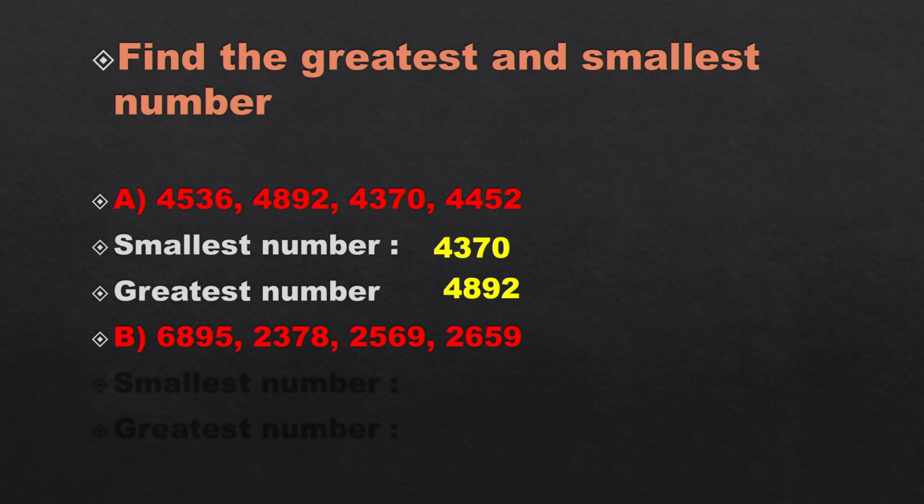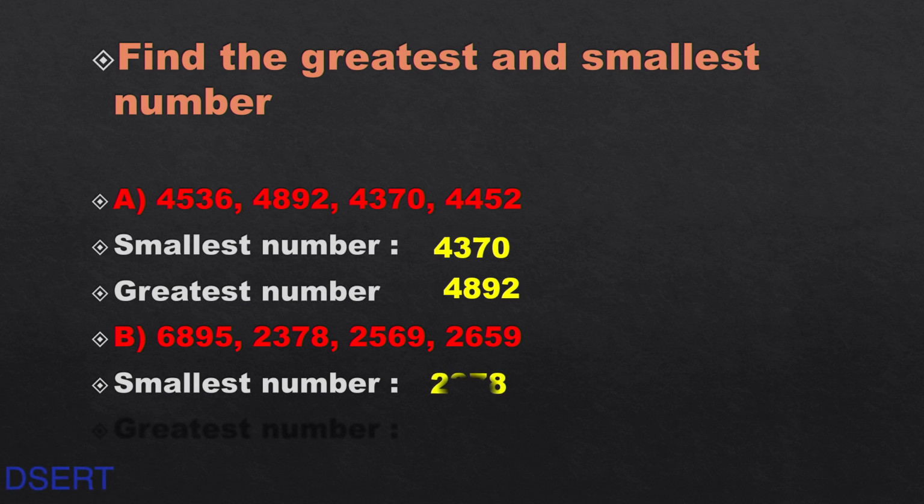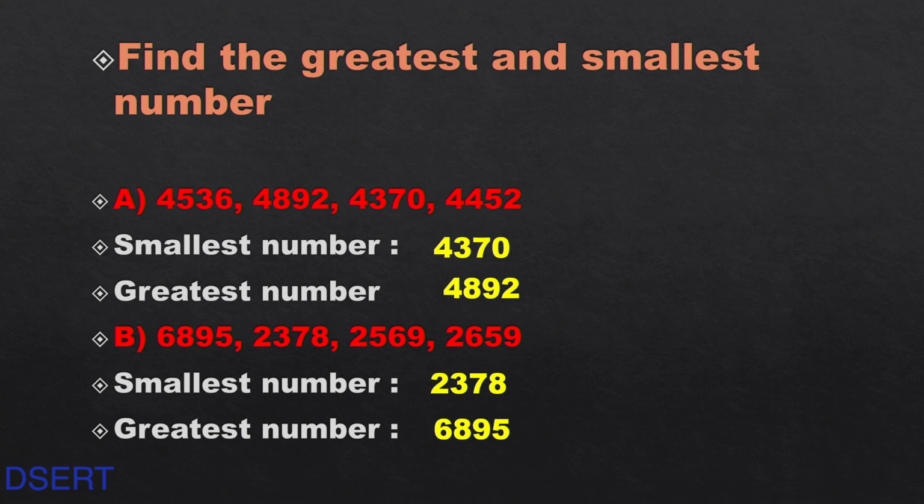You have to identify which one is greatest and which one is the smallest. Yes, the smallest number is 2378. And which one is the greatest number? Yes, it is 6895. Very good children.